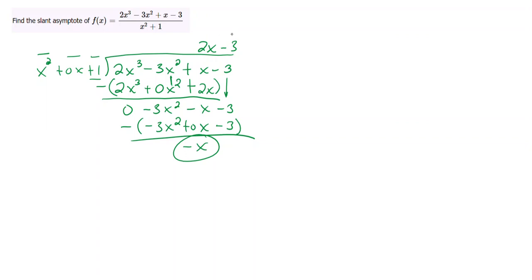Our slant asymptote is actually our line, right, in the form mx plus b. So this is really going to be our slant asymptote.